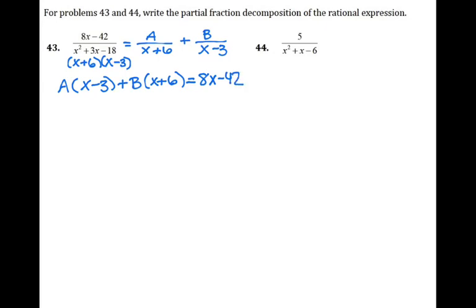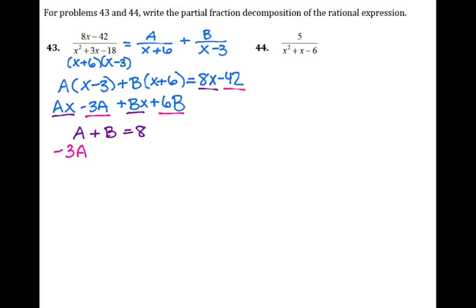So I'm going to distribute the A and the B. So I have Ax minus 3A plus Bx plus 6B. And now I'm going to start to look at my like terms. So I'm going to look at my x's. So I have Ax and Bx should equal 8x. So A plus B should equal 8. And then negative 3A plus 6B should be my constant.